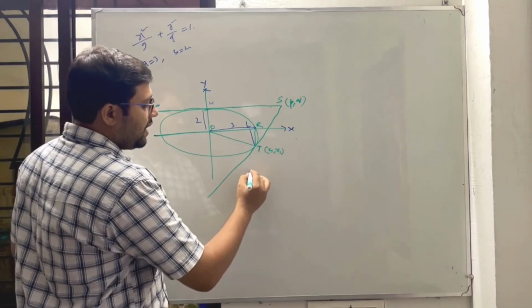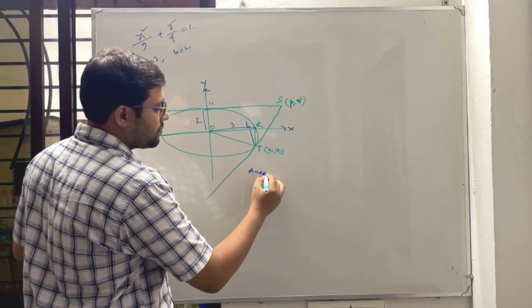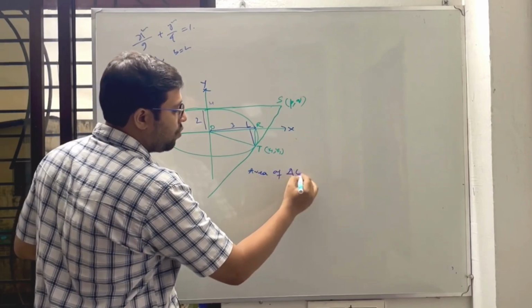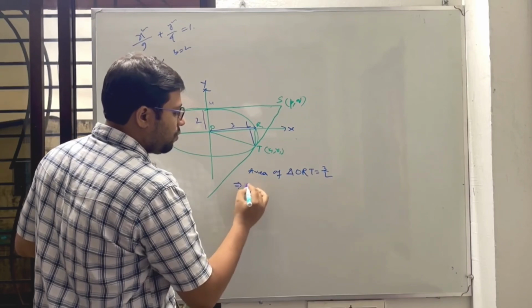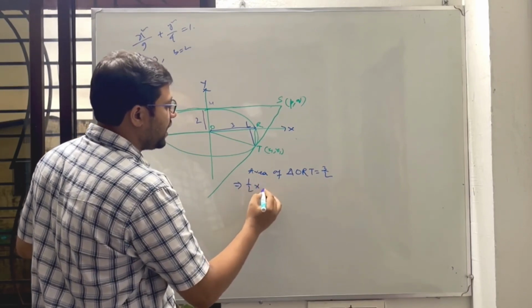Since the area of triangle ORT is 3 by 2, we can say half into base into height. What is the base?